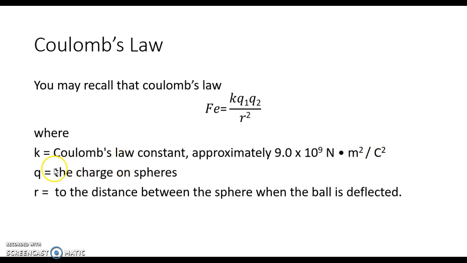And Q is the charge on each of the spheres that we were talking about a little bit earlier. So remember, we had two spheres: the suspended sphere and the guided sphere. The r here is the distance between the two spheres when the ball was deflected.